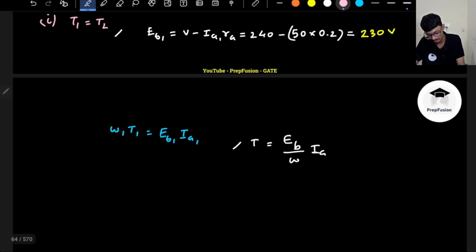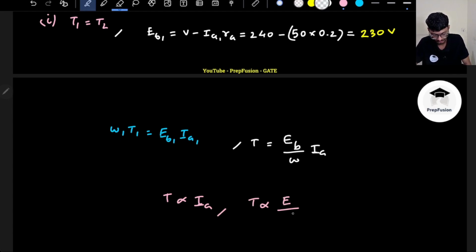So I can conclude two things over here. So my torque will be proportional to the armature current. Also I can conclude my torque is proportional to the developed voltage or the back EMF divided by the omega. Okay. Now in turn, what is my induced EMF proportional to? So my induced EMF in turn is proportional to the speed, right? And my omega is anyways directly proportional to speed.